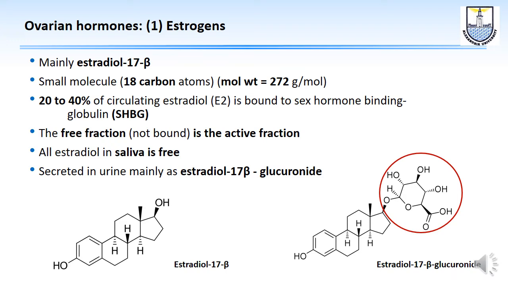Of course, the level in the saliva is going to be much lower, so the test is going to be more sensitive. And as I said, we can also measure the metabolite of estradiol in urine, which is mainly estradiol 17 beta glucuronide.